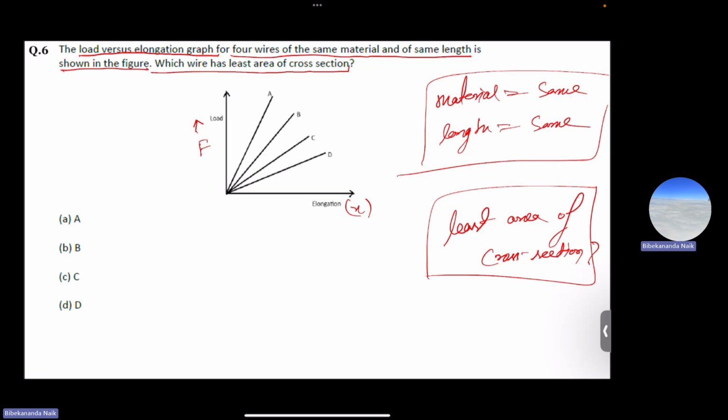So let's discuss this question. In the figure there are four wires of same material. Here there is no spring, so there is wire. So here we will apply the concept of modulus of elasticity, and for wires the modulus of elasticity is known as Young's modulus of elasticity.